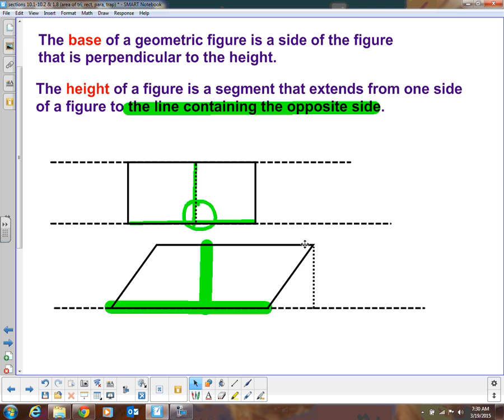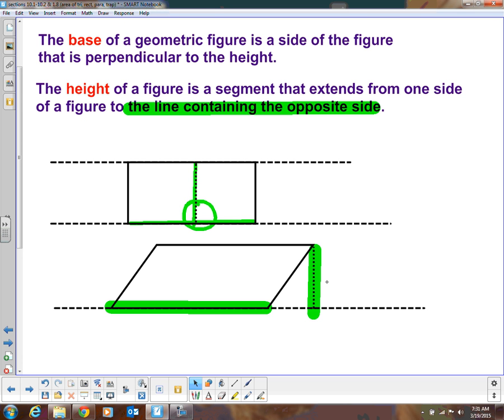Is it extending from the top? And is perpendicular to the line containing the opposite side. Notice this base stops here, but the line that contains it goes further, correct? So this is my base. This would still be my height. The height can fall outside the figure.